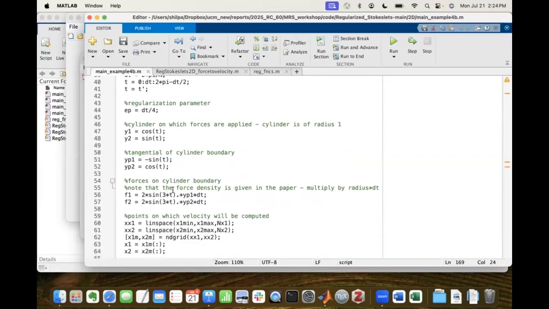So I multiply by rho dt. dt is the arc length of the discretization for the line segment. In this case, rho is 1, so I multiply by dt. So there's no rho where I'm multiplying. It's just times dt.